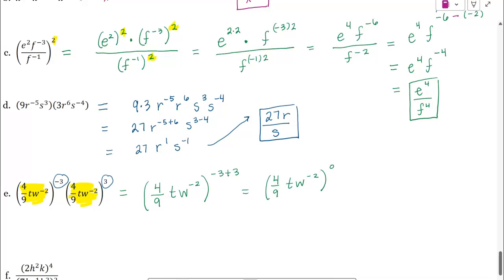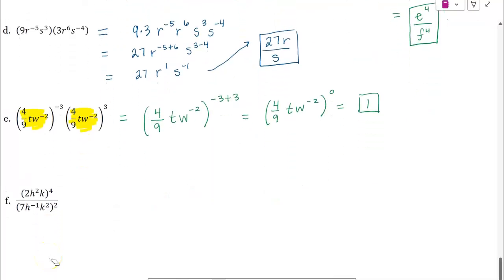And we know that anything, no matter how complicated it is, raised to the 0 power is just equal to 1. The point for this problem is before you start taking that negative 3 and positive 3 and moving them into each of the items, just take a step back and look at the overall problem and see if there's something that's a little bit easier to simplify before you move on.